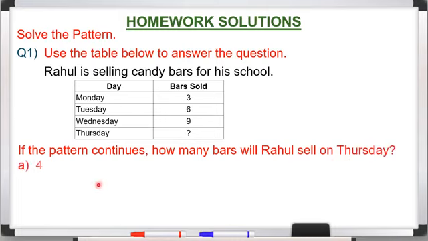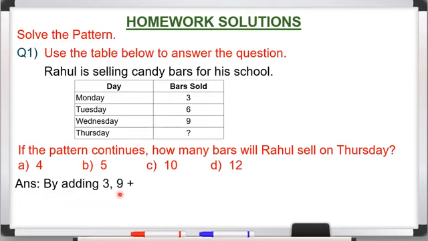Okay, option A 4, option B 5, option C 10, option D 12. You need to select the correct option out of these given 4 options. So here beta, the answer is by adding 3. 9 plus 3 equal to 12.